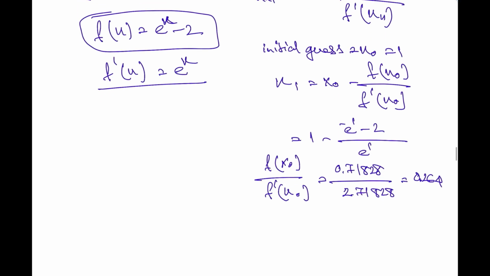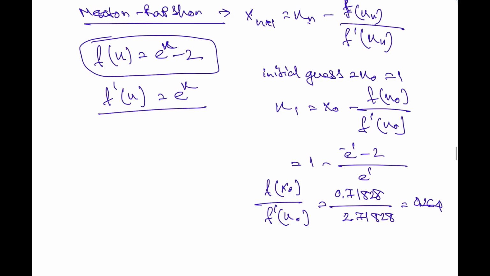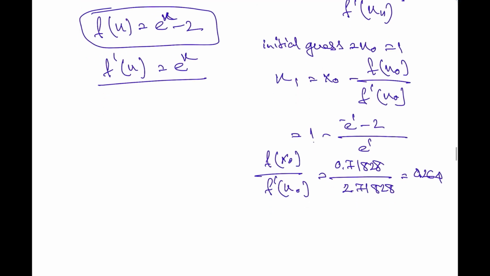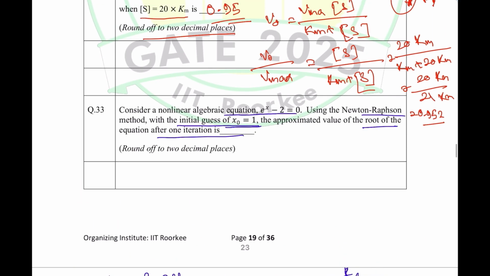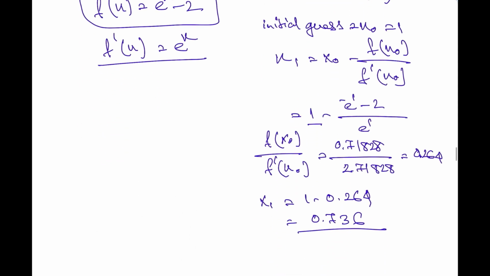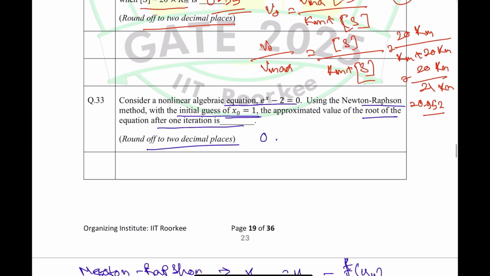Now x1 will be 1 minus 0.264, which is 0.76. Okay, from here, to two decimal places, the answer will be 0.7.